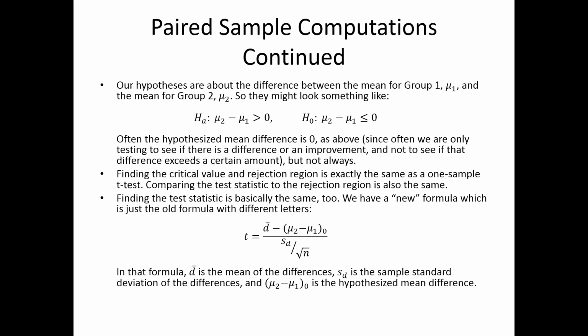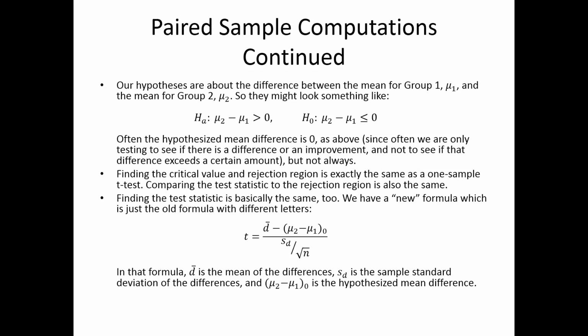It's hard to imagine a situation where that would happen, right? So I've never ever seen a paired samples z-test. It's always t, right? There's nothing mathematically impossible about it. Mathematically, you could do a paired sample z-test. It's just that it's never actually done, right? We're always doing paired samples t-tests.